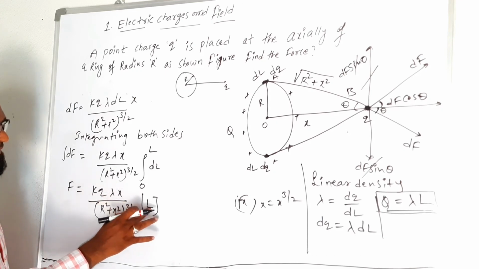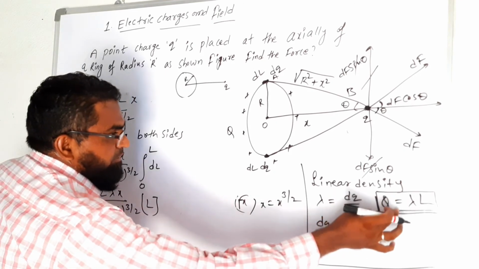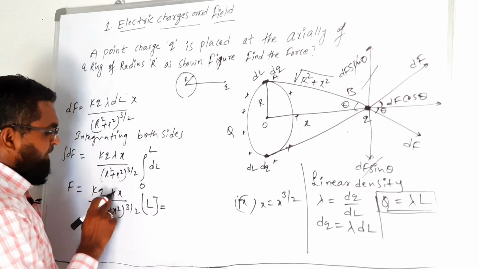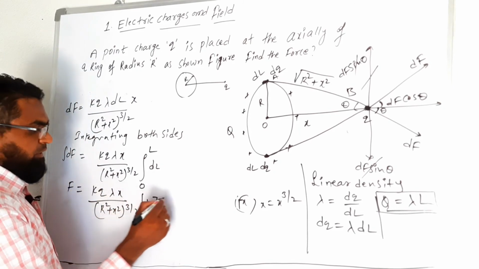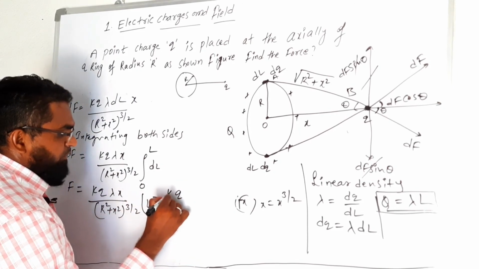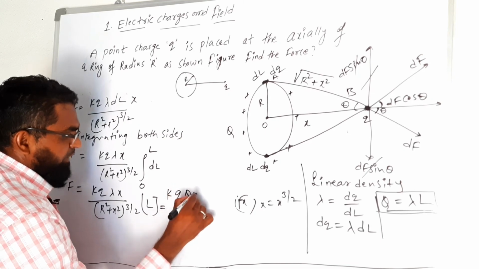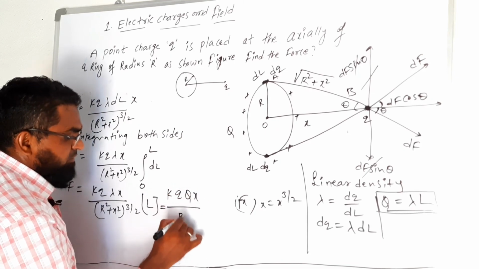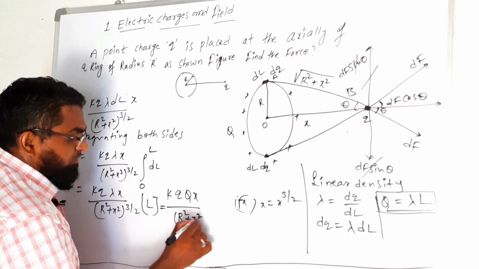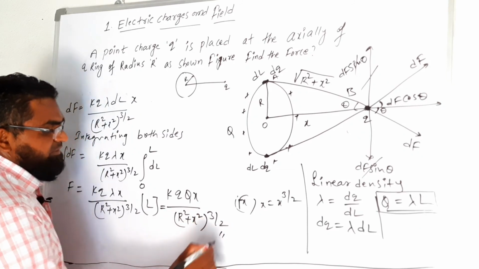Lambda into l is the total charge Q, so substituting, F equals k q Q x by r square plus x square whole power 3 by 2. This is the answer.